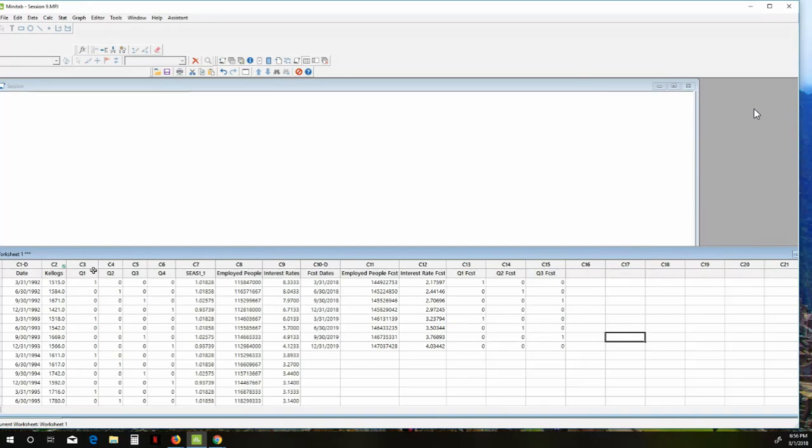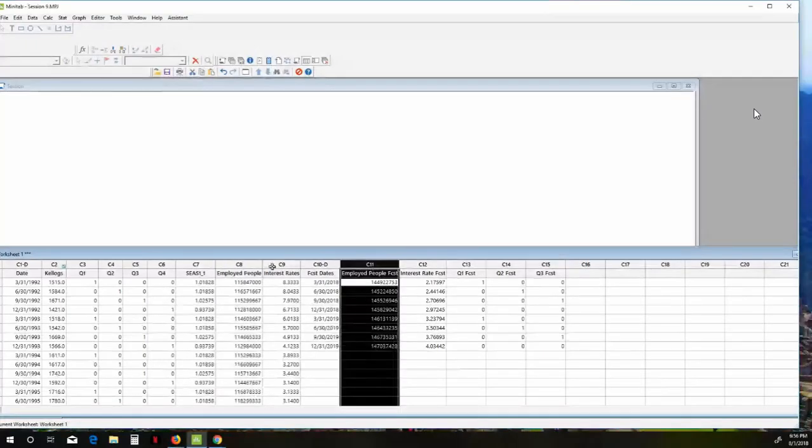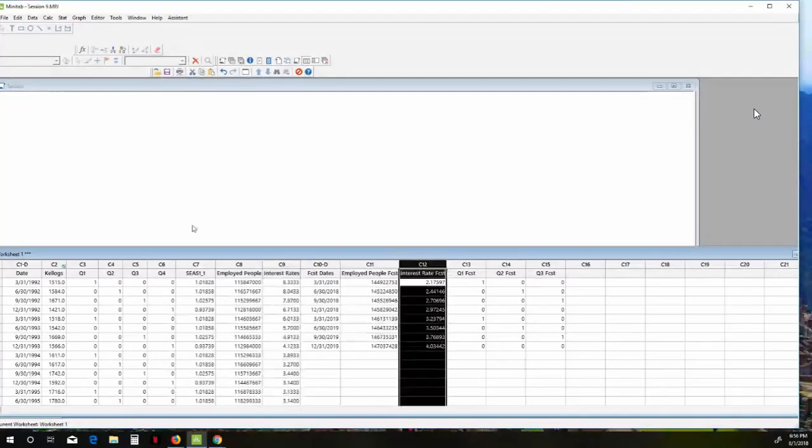So whatever coefficients these are calculated relative to these dates for seasonality, they'll be expressed going forward as the forecast values. And I've taken the liberty of forecasting employed people, okay, and interest rates.